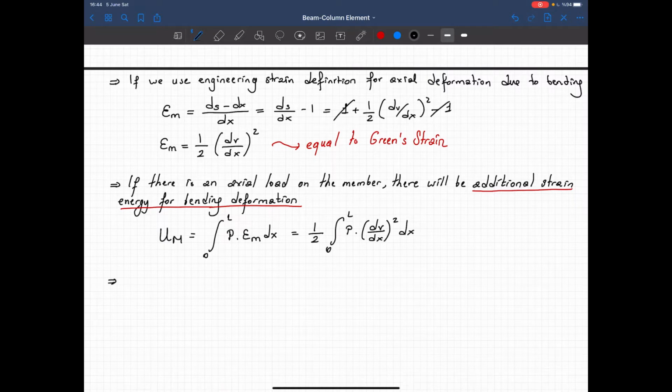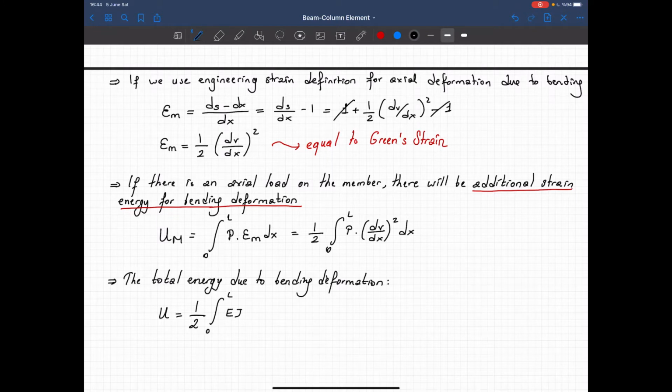So the total energy due to bending deformation will be U equal to 1 over 2 integral from 0 to L of EI (d square V dx squared) squared, plus 1 over 2 integral from 0 to L of P times (dV over dx) squared dx.